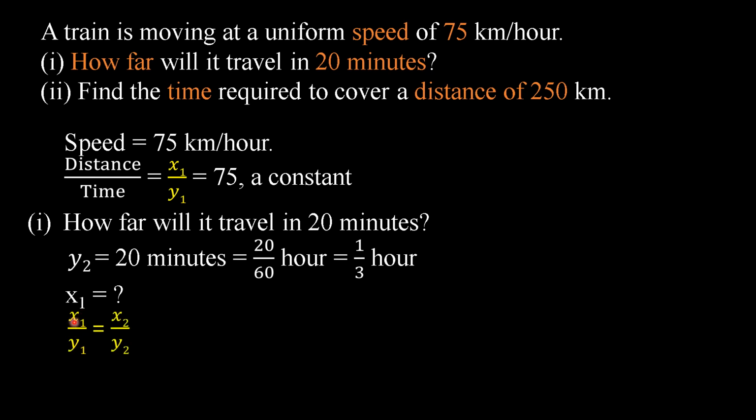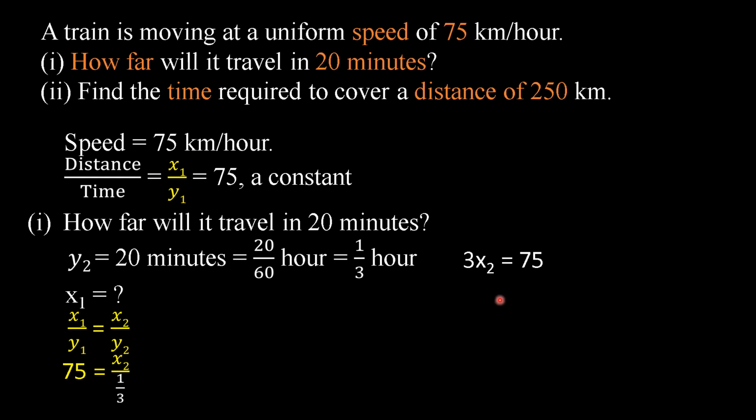We have x1 divided by y1 equals x2 divided by y2 in case of direct proportion. We will substitute the values. We have x1 divided by y1 equals 75, so we put 75 here, equals x2 divided by 1/3 because y2 is 1/3.